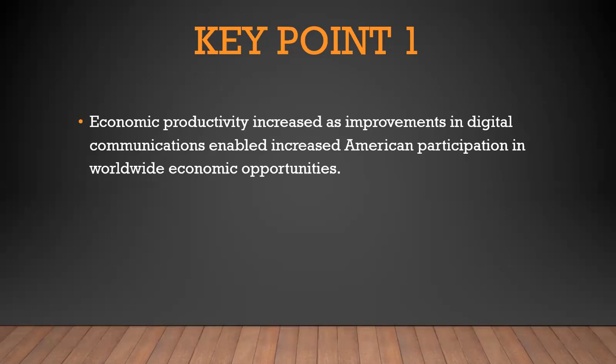Production is going to increase dramatically, as well as Americans actually participating in a worldwide economy, as opposed to just, first there was local markets, right? Then there was national markets. Well, now there's worldwide markets. And the average person can participate in those worldwide markets. You don't have to be some major enterprise or major company, right? You can participate in them pretty easily with the internet.